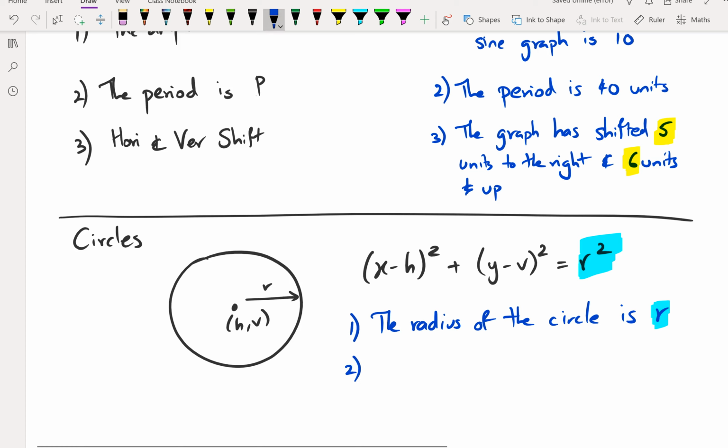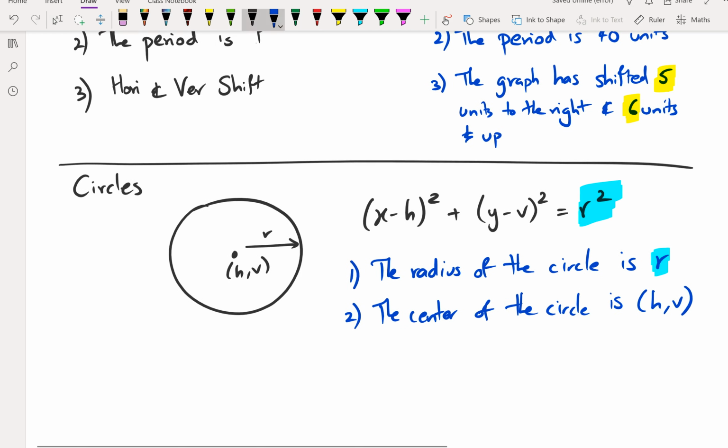The second thing is the center of the circle. So you can say the center of the circle is at h and v. Let me give you a quick example here. So let's say this is -3, -2, and it has a radius of 10.